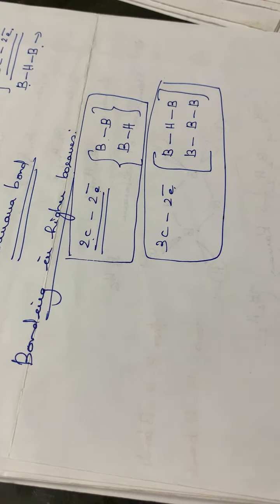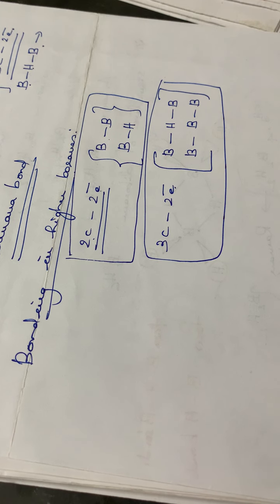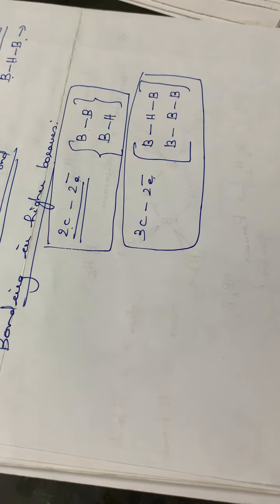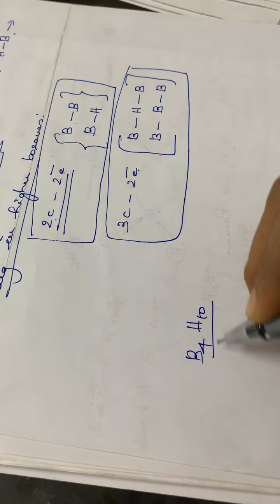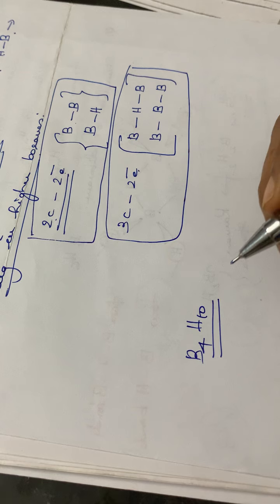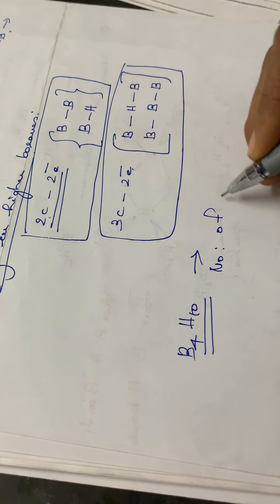Now you have to go through some of the boranes, and you have to calculate the valence electrons present in that particular borane. First of all, we can go through one example, B4H10. First you have to calculate the number of valence electrons.